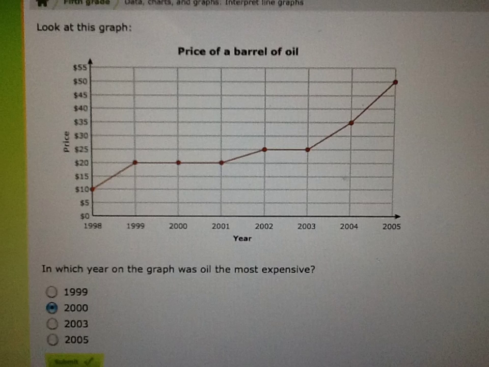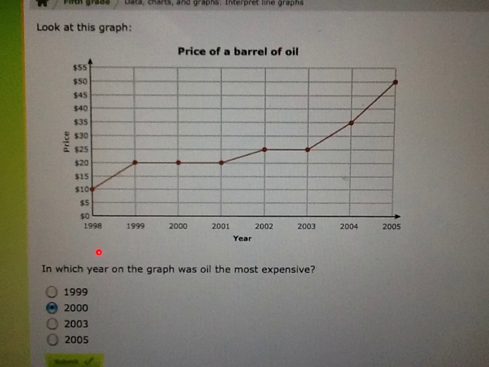The last graph that we're going to take a look at today that shows some trends over time is prices of barrel of oil. And this is real data. It shows how over time it has increasingly gone up. Believe it or not, back in the 90s, gas only cost about 90 cents, and now we're paying between $2.50 to $3.50, depending on the prices of the barrel of oil and what are some situations that are occurring.